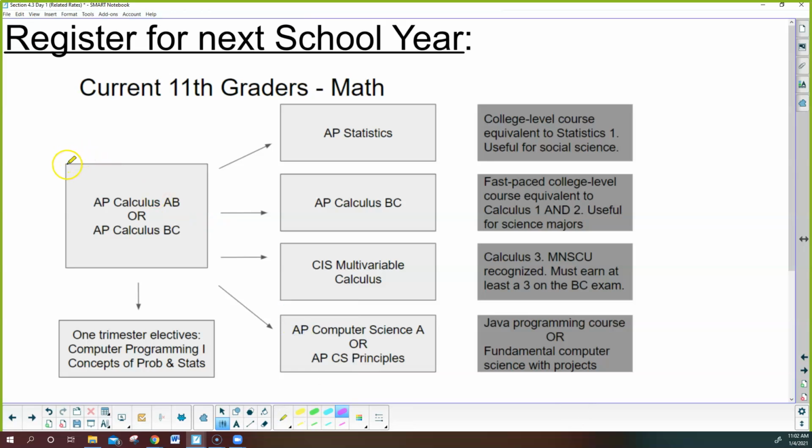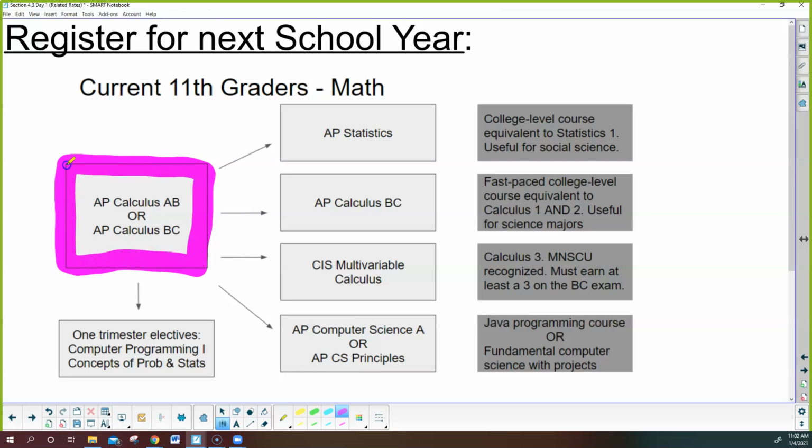And again, if you're a current senior, you can tune out for a couple minutes. All right, juniors, you are currently in AB calculus. Your options for next year, and I'm going to do that based off of what you think your interests are for careers or colleges, majors, and minors.